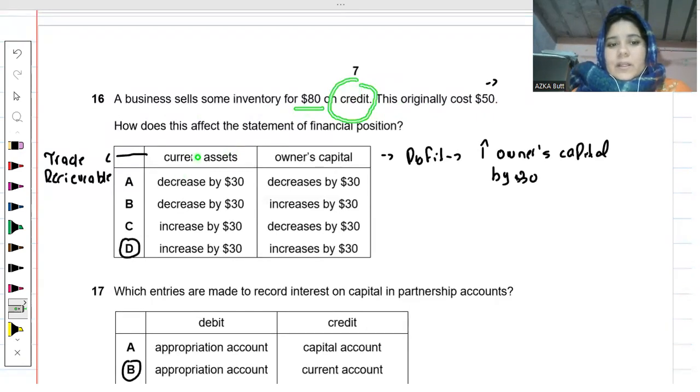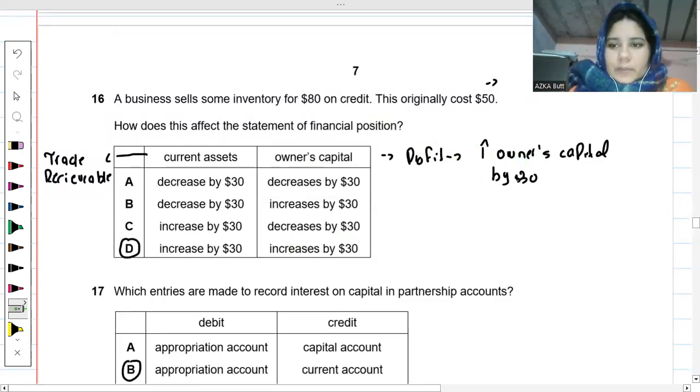So in current assets, our trade receivables will increase by 30. And because you are the owner and you are gaining an extra $30, if your profit is increasing, the equity of the owner is also increasing by $30. So option D is the right option.